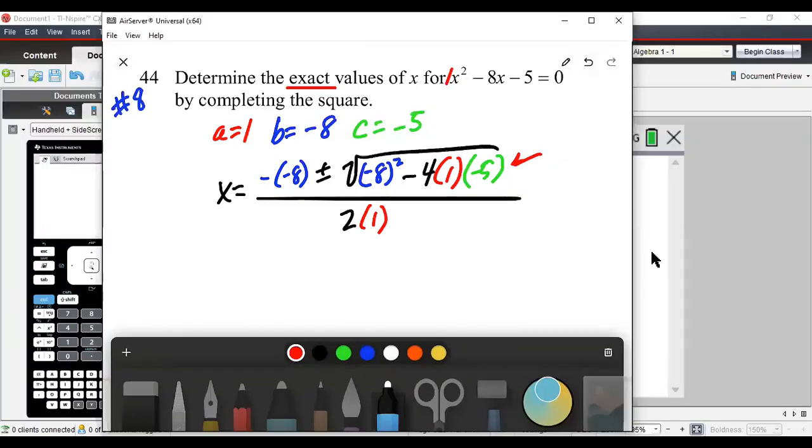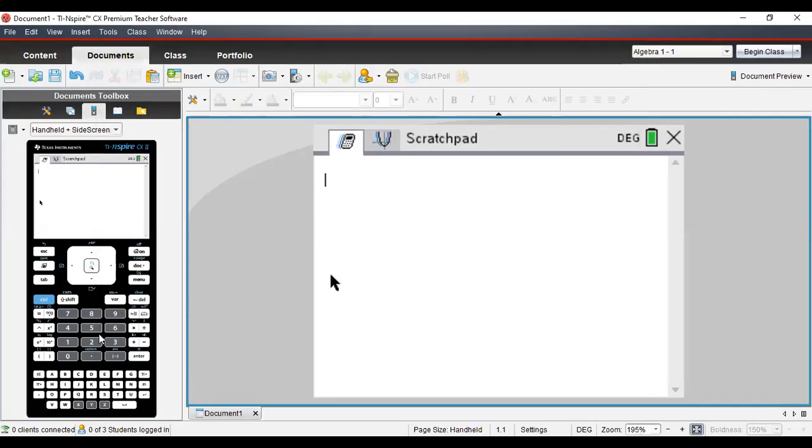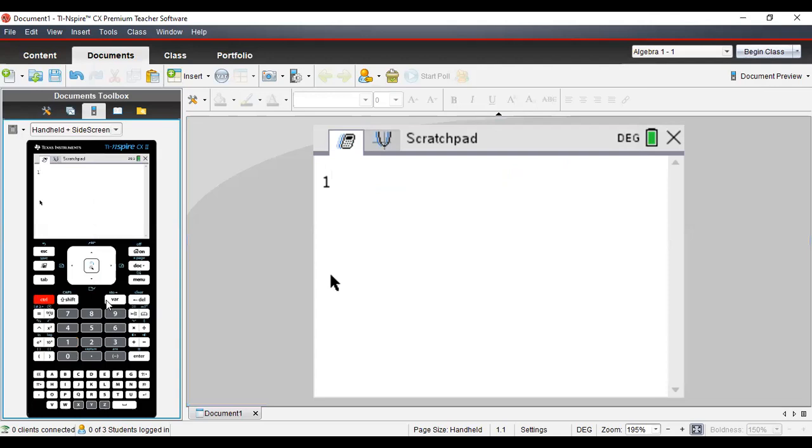Go to the calculator. I'm going to store 1 into A. I'm going to take -8 and store that into B. And then I'll take -5 and store that into C. Boom, done.